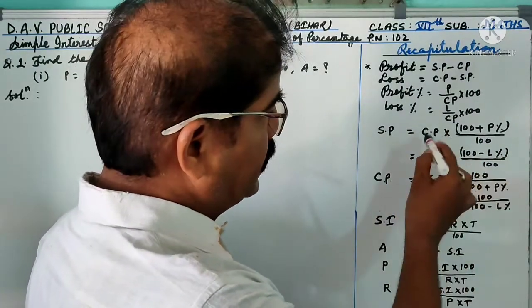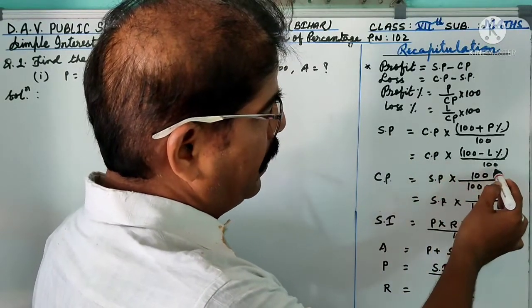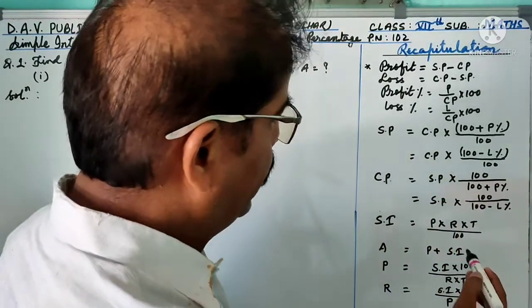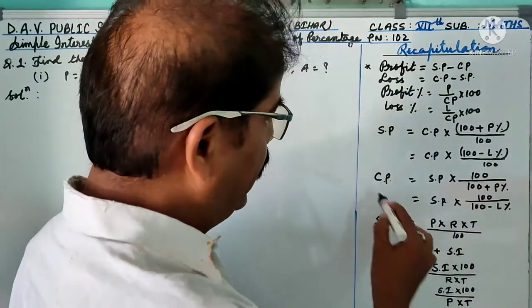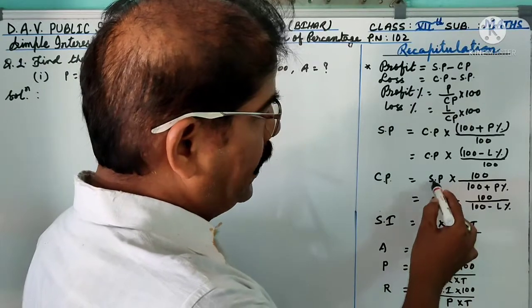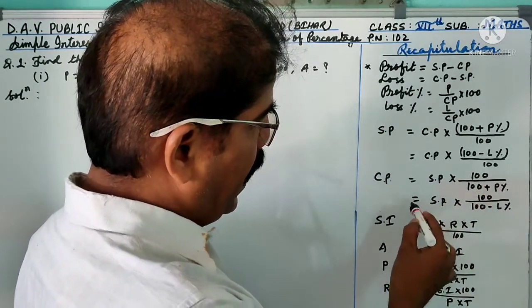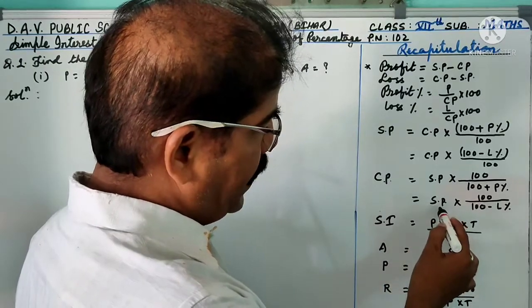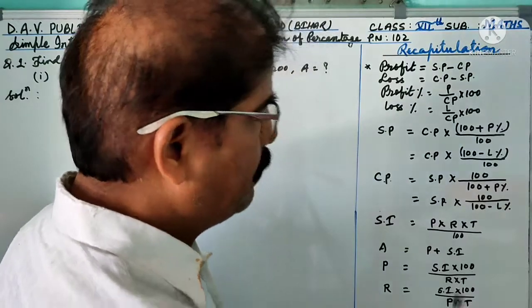If loss percent and CP are given, then SP equals CP into (100 minus loss percent) by 100. If SP and profit or loss percent are given, then CP equals SP into 100 by (100 plus profit percent), and also SP into 100 by (100 minus loss percent).